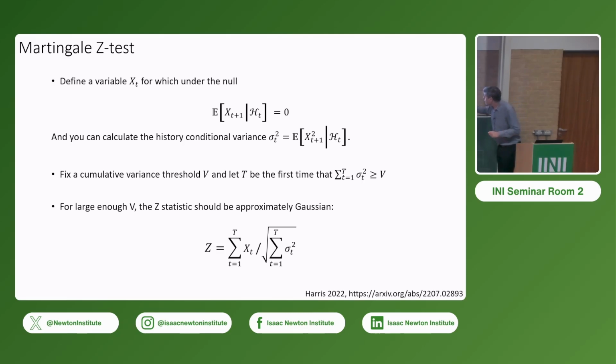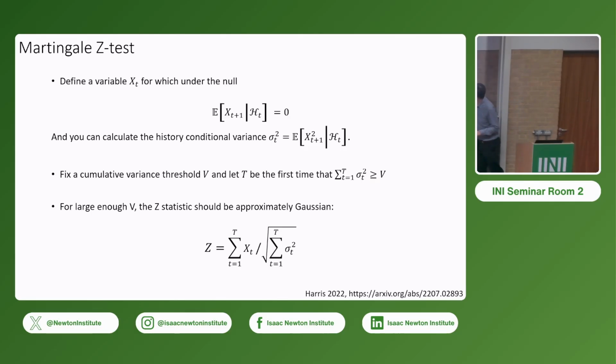There's a wrinkle, which is that you can't stop it at a particular time. If you stop it at a particular time, you can imagine pathological counterexamples, like the best of which is the original double or quits game, which led to the definition of the word martingale, where this test becomes invalid.